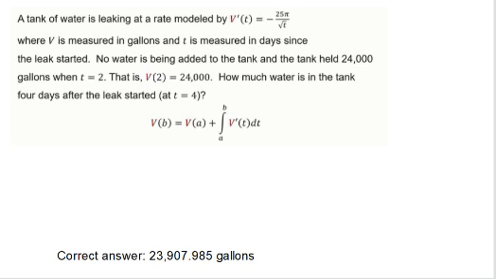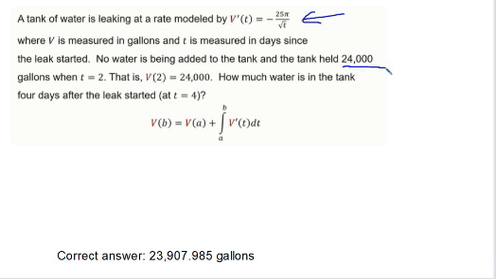Let's look at the tank of water problem. A tank of water is leaking at a rate modeled by v prime of t equals that ugly function, where v is measured in gallons and t is measured in days since the leak started. No water is being added to the tank, and the tank held 24,000 gallons when t equals 2.